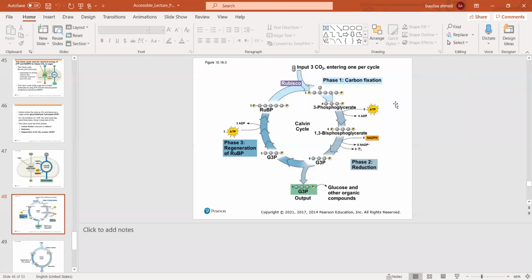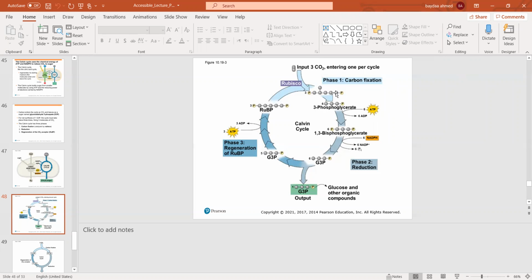So again, 3 molecules of carbon dioxide enter one at a time. In the first phase, carbon fixation, ribulose becomes a short-lived carbon intermediate with phosphates.